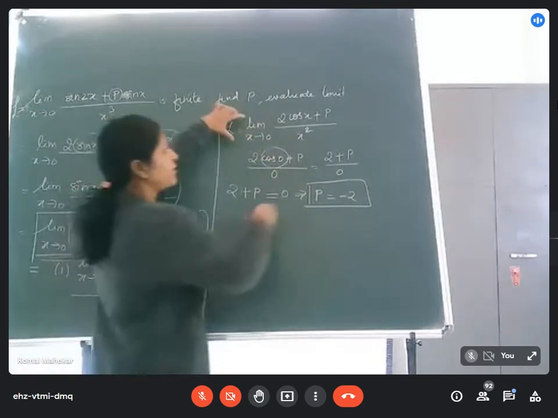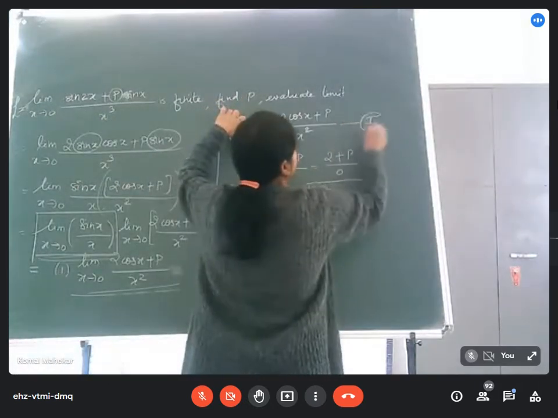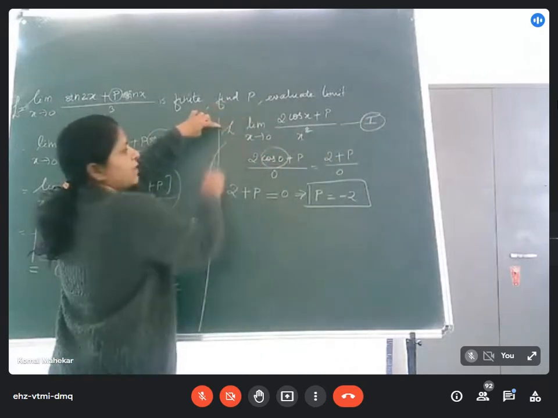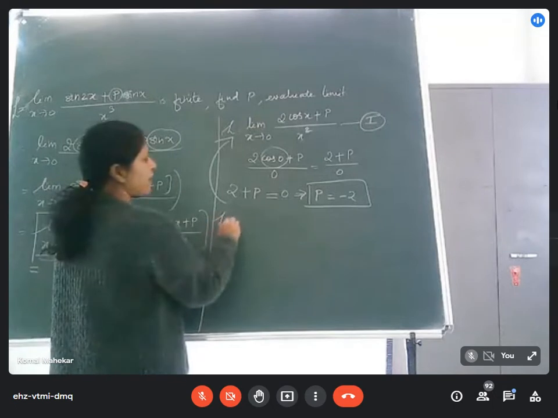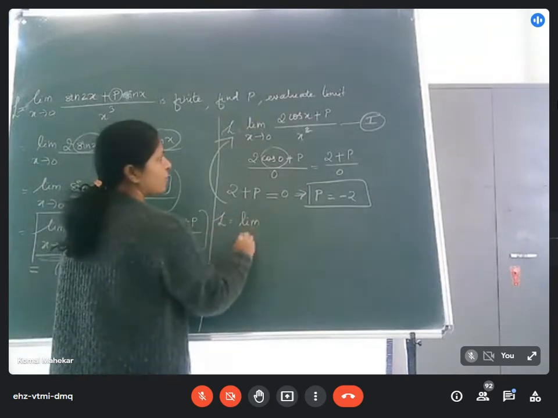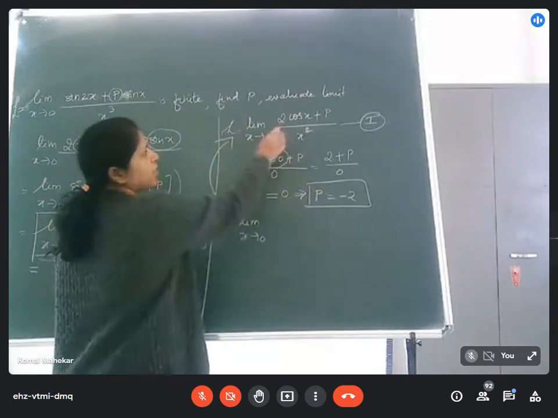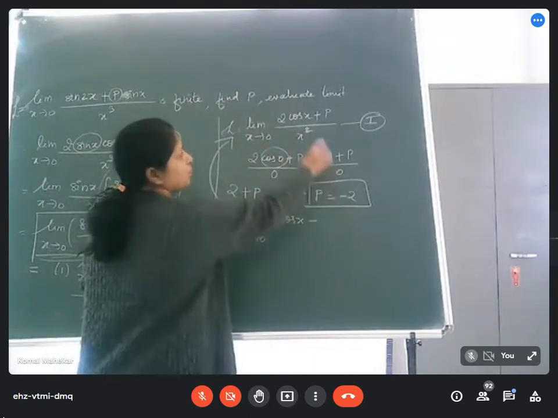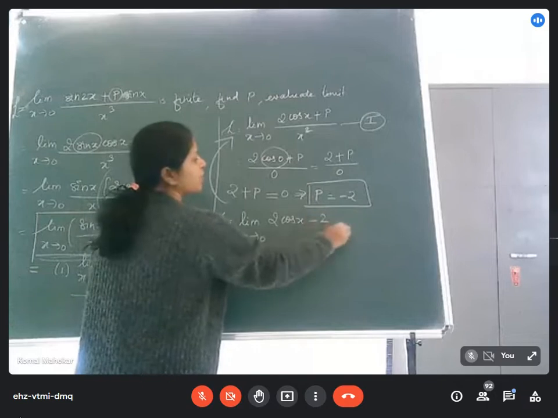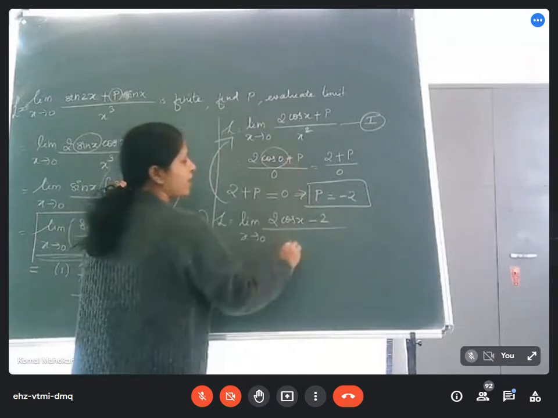Now if we assume this is our equation number 1, then in equation 1 put the value of p as -2. To get limit L, putting the value of p as -2 in equation 1, so this becomes 2 cos of x plus p, that is -2, divided by x squared.